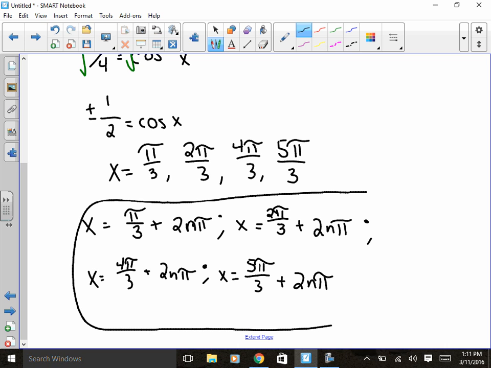Final answer. So again, still not bad. The biggest thing is making sure that you have your correct numbers based on your unit circle.